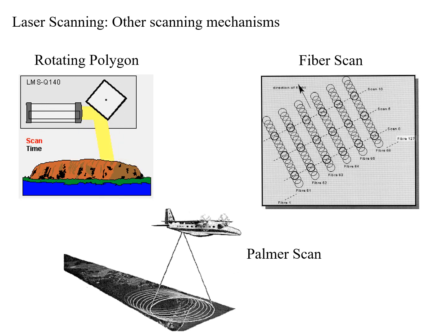There are lots of other things. There have been fiber scanners, so the laser pulse is directed into one or another of a line of optical fibers, and they go one after another, and what happens is you wind up with these beautiful lines of footprints on the ground. There's also the Palmer scanner.